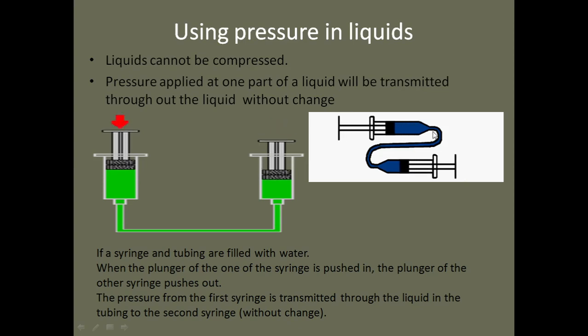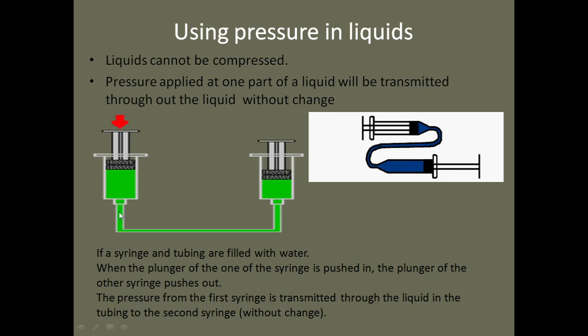The same thing applies to the right hand side. If syringes and tubing are filled with water, when the plunger of one of the syringes is pushed in, the plunger of the other syringe pushes out. The pressure from the first syringe is transmitted through the liquid in the tube to the second syringe.